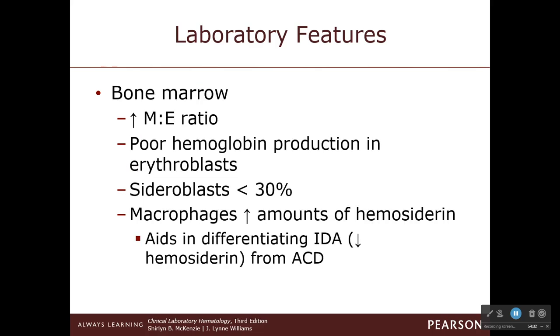Okay? ME ratio. Have we talked about ME ratio yet? Let's talk about ME ratio. ME ratio should be about 4 to 1. ME stands for myeloid versus erythroid. What's a myeloid again?